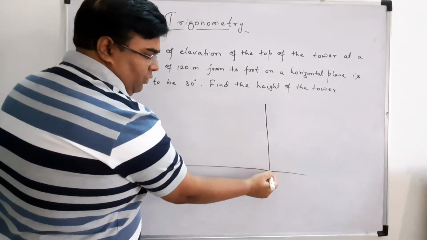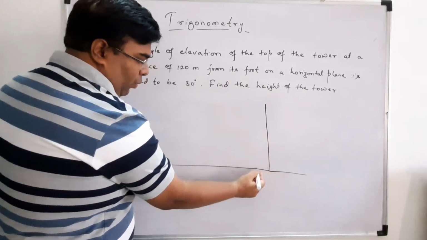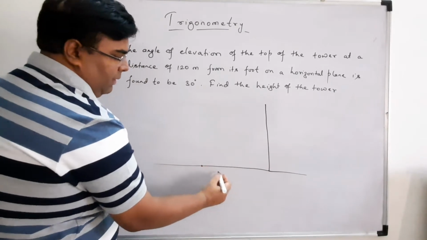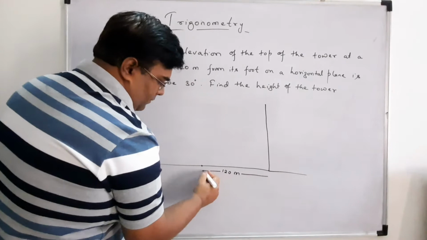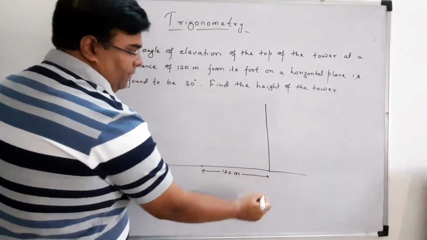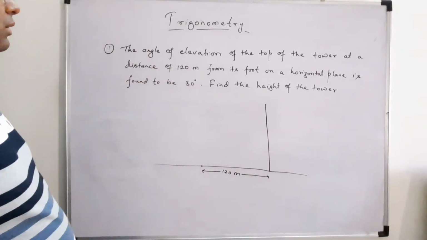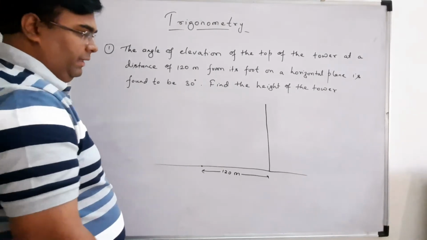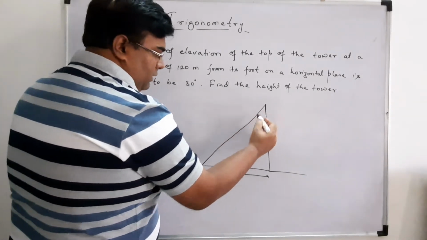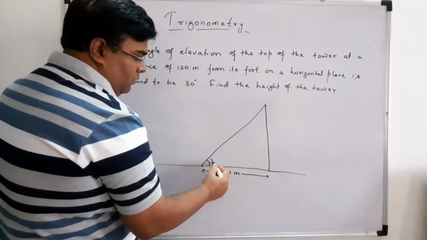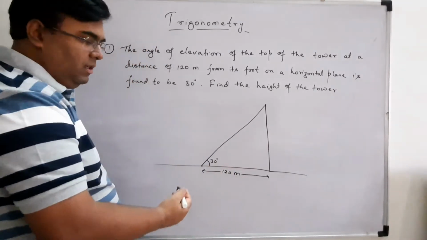So this is the foot of the tower, and suppose this is my point, this is 120 meter. And the angle is 30 degrees. If I am looking from here, this angle is the angle of elevation, 30 degrees.